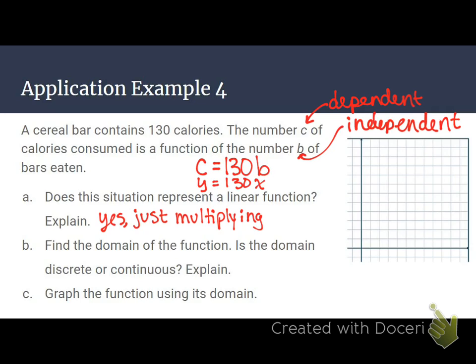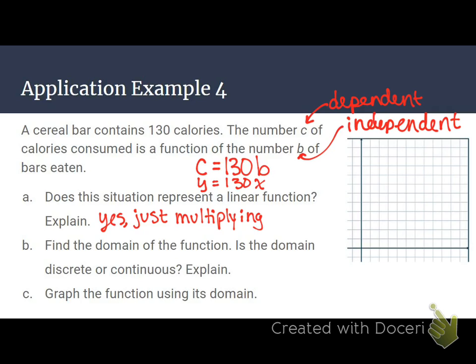So when we start thinking about what our domain would be, what's the least amount of cereal bars you could possibly eat? How many? 0. None. You could eat no candy bars at all. Could you eat negative candy bars? No. So 0 is the lowest we could go.